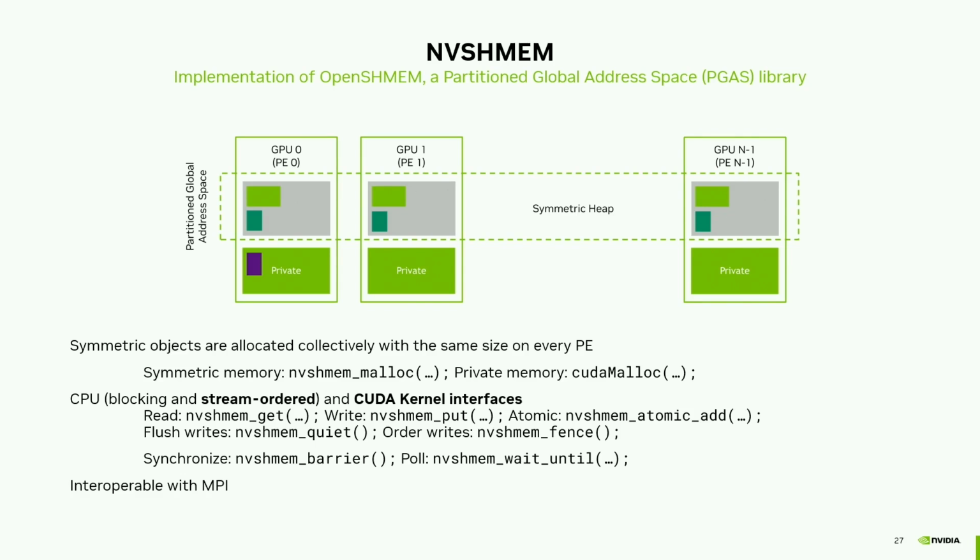You don't need to ask your peer, like in a two-sided model, where should I put this data? You can just go ahead and write the data directly where the peer will need it next.